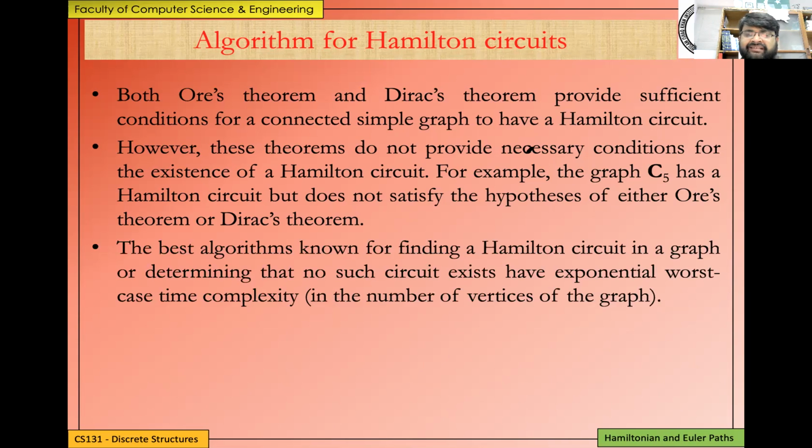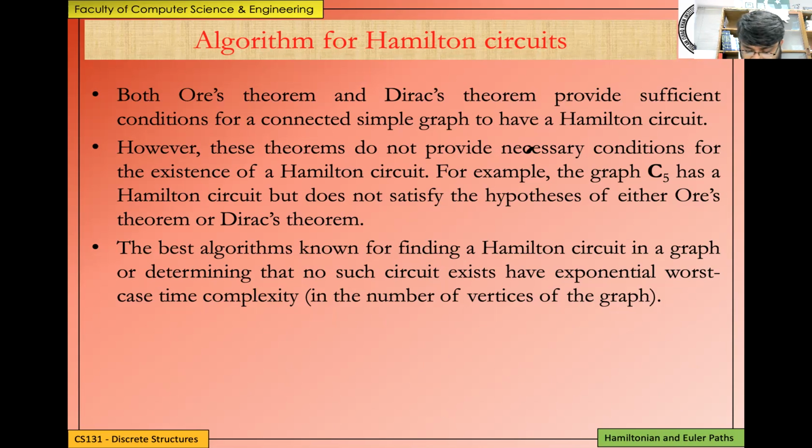On the other hand, the best known algorithms for finding a Hamilton circuit in a graph, or determining that no such circuit exists, have exponential worst case time complexity. When we talk about time complexity, you'll understand what I mean by this line.